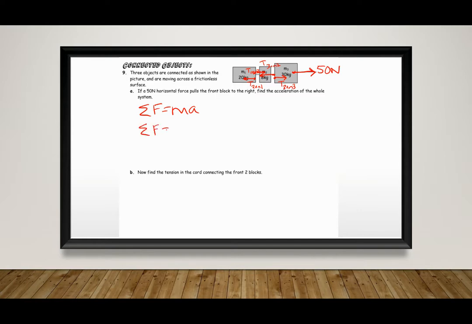So the sum of forces for the entire system, well, we have 50 newtons to the right, and then minus the tension 3 on 2 plus the tension 2 on 3 minus the tension 2 on 1 plus the tension 1 on 2. And Newton's third law tells us that 3 on 2 is the same as 2 on 3. So those are going to end up canceling. And the same with these ones are going to end up canceling.